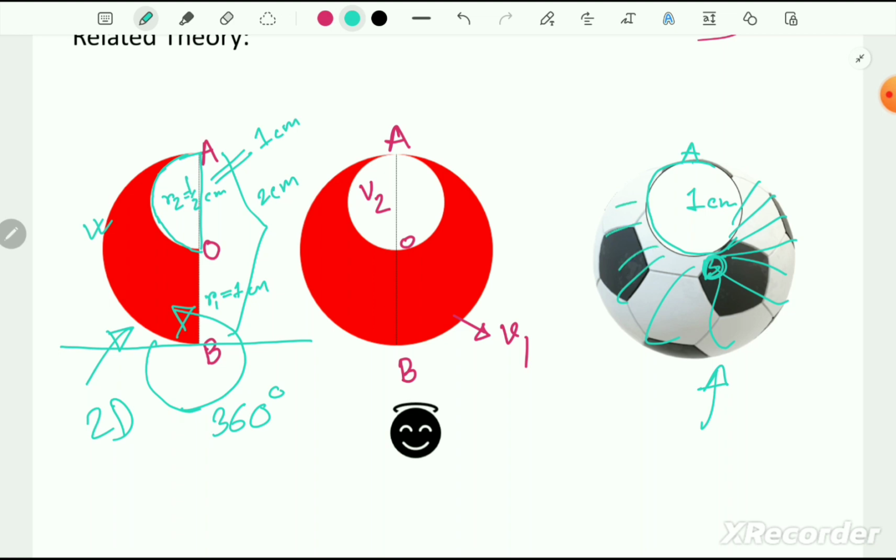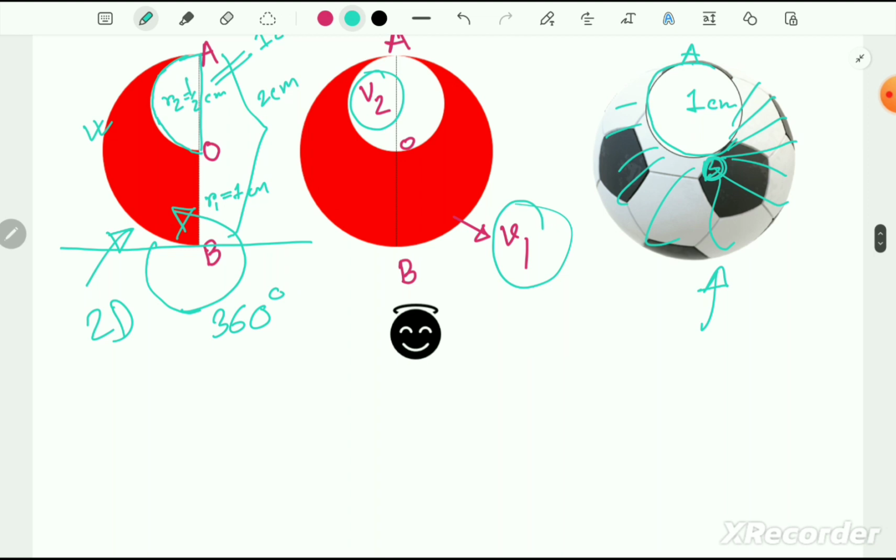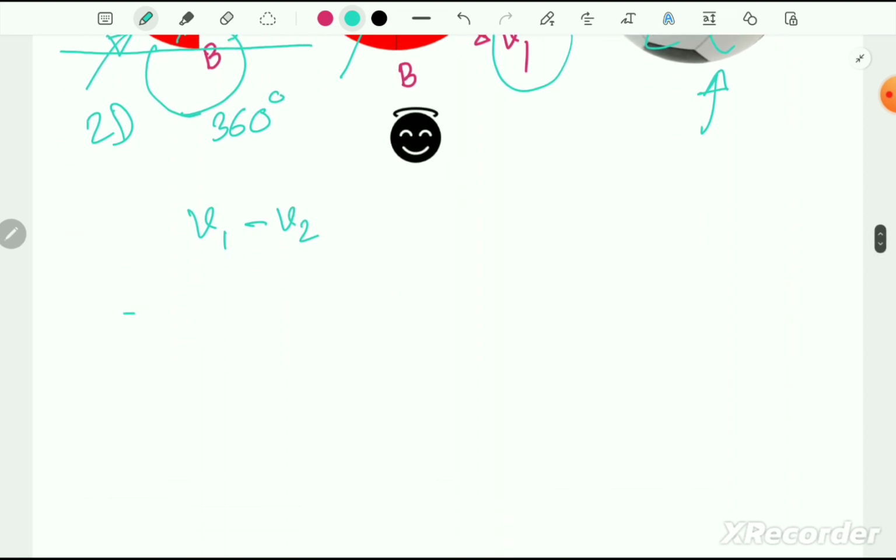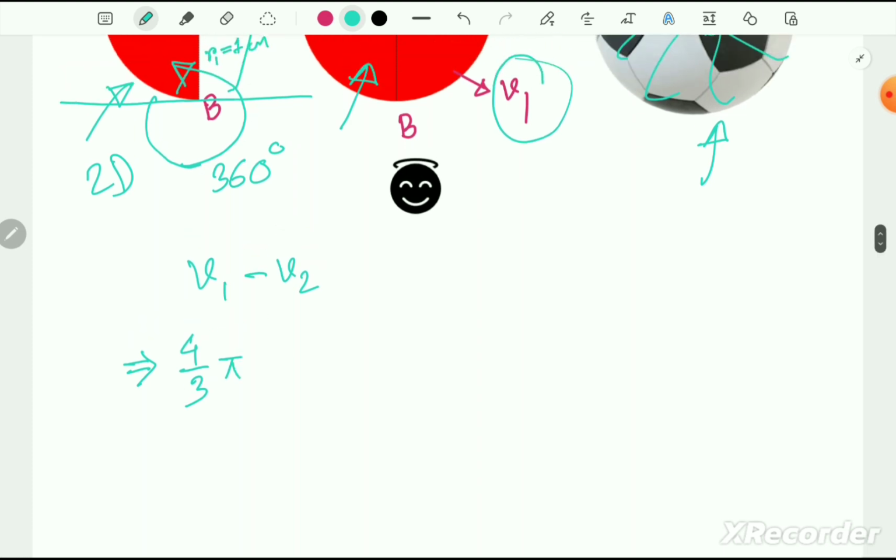Okay, so if we consider the volume of the AB sphere as V1 and the volume of the AO sphere as V2, then simply we can calculate the resulting volume, the red area, as V1 minus V2. So we know the equation: the volume of a sphere is 4/3 pi R1 cube minus 4/3 pi R2 cube.